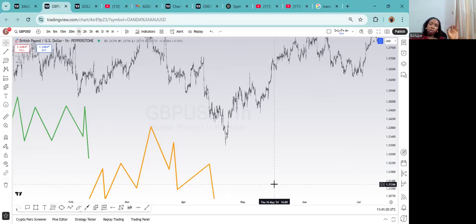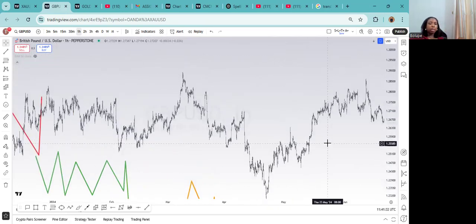Another structure you need to understand is the areas we call the support levels and the resistance levels. Same way, dictionary meaning of support, when something is supporting, right?